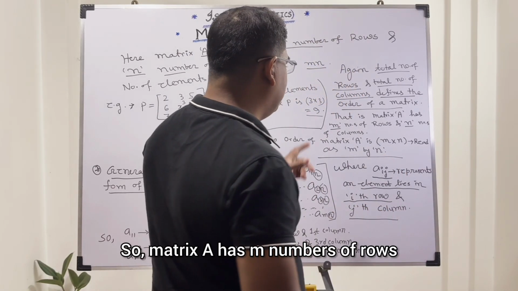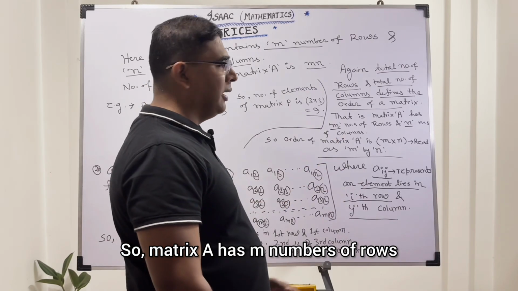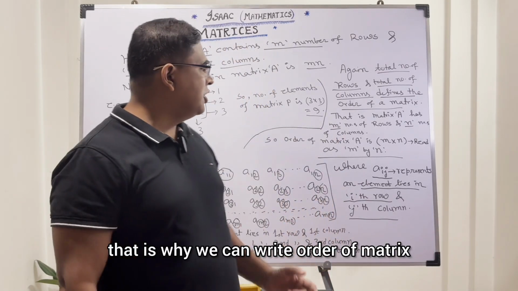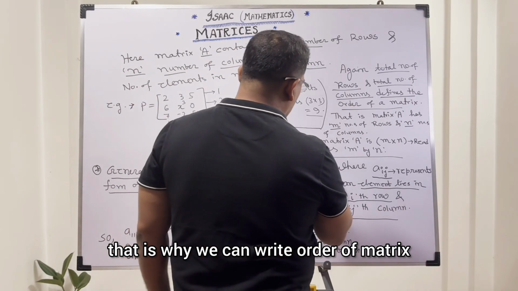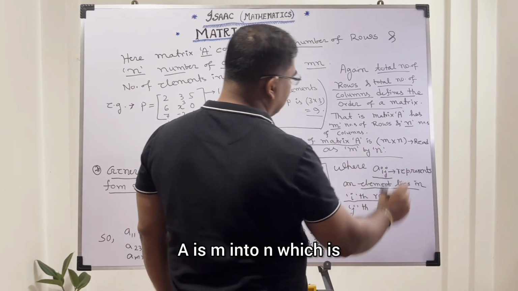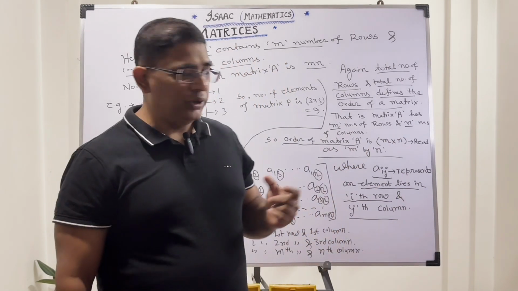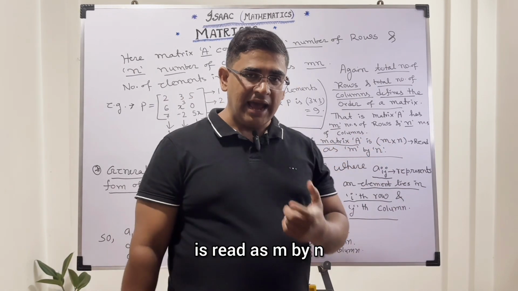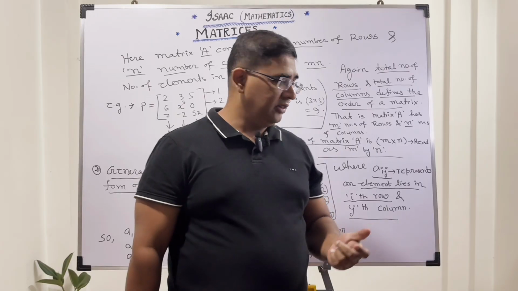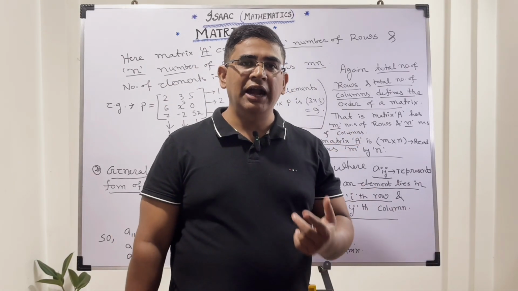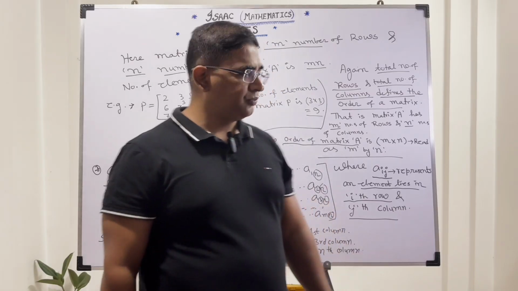Okay, so matrix A has m numbers of rows and n numbers of columns. That is why we can write order of matrix A is m into n, which is read as m by n. That means this matrix A has m numbers of rows and n numbers of columns. Okay.